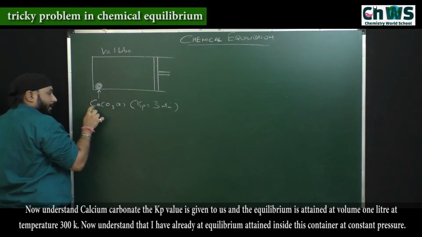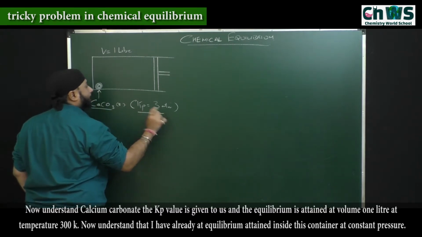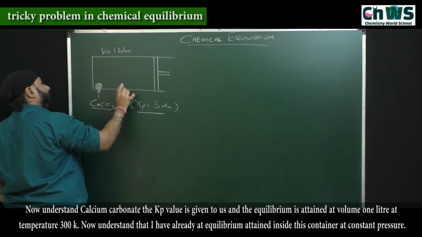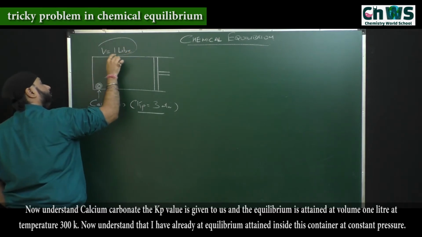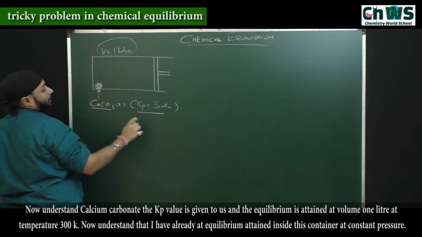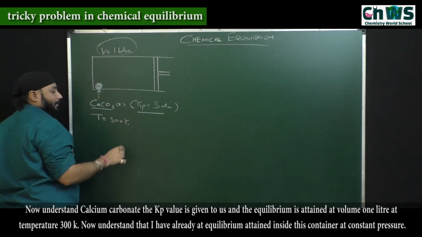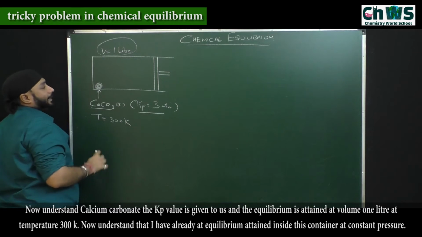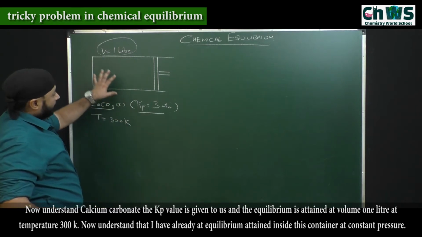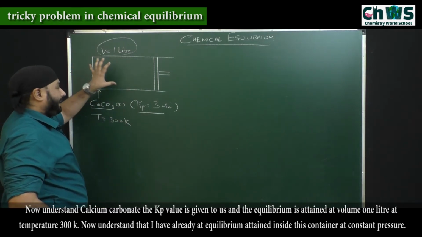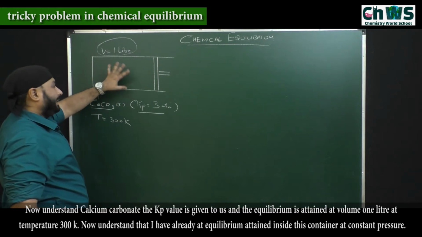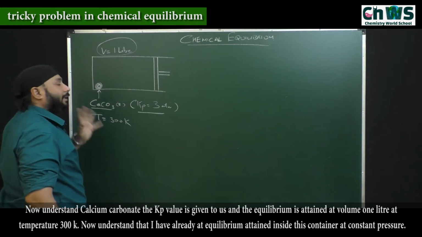Now understand, the Kp value of calcium carbonate is given to us, and the equilibrium is attained at volume 1 liter and temperature 300 Kelvin. Now understand that I already have an equilibrium attained inside this container at constant pressure.